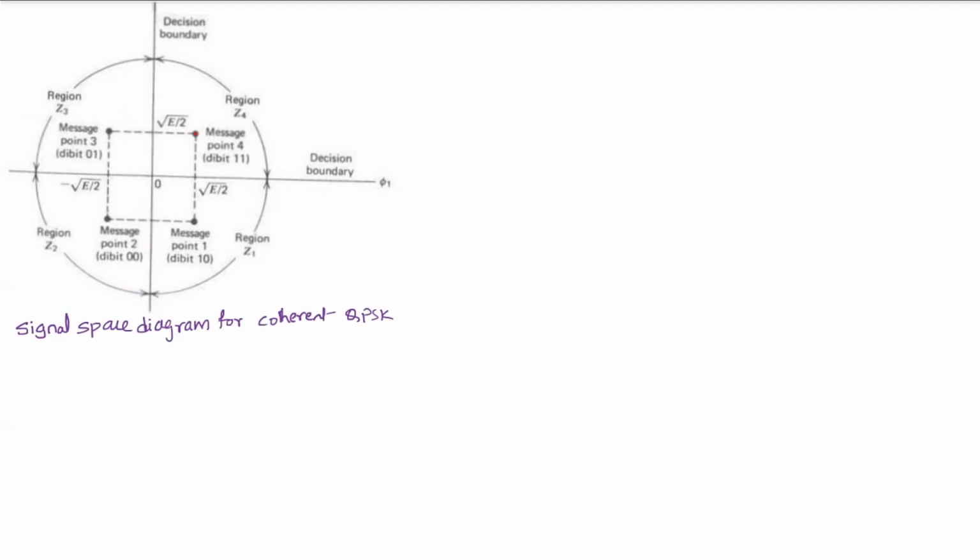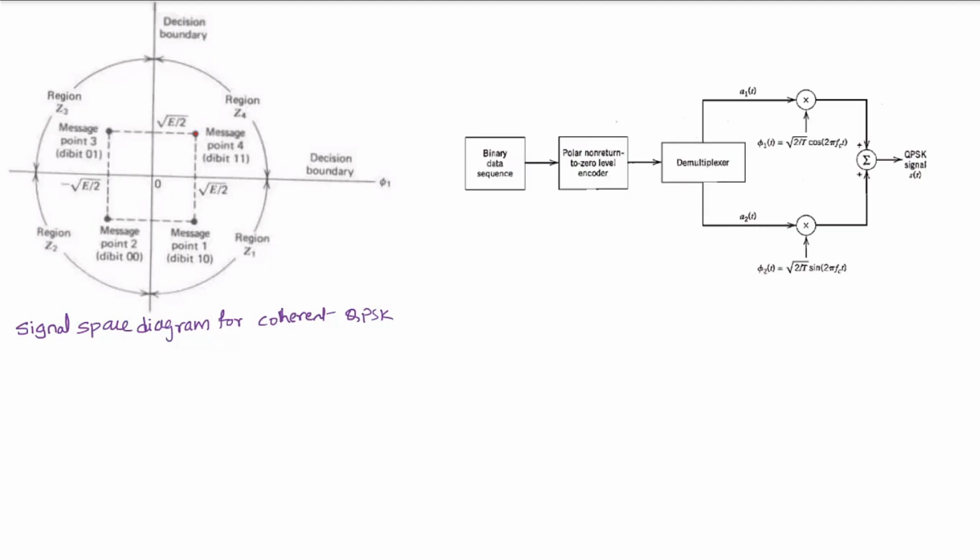Now you can see what the QPSK transmitter looks like. I have a binary data sequence, and this binary data sequence is converted to polar NRZ form, and this polar NRZ form is passed to a demultiplexer.